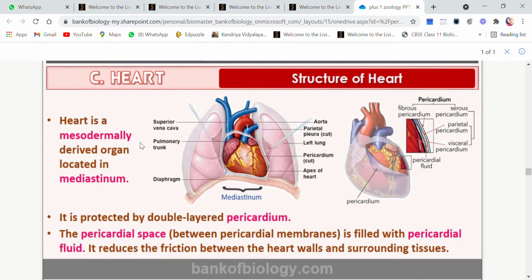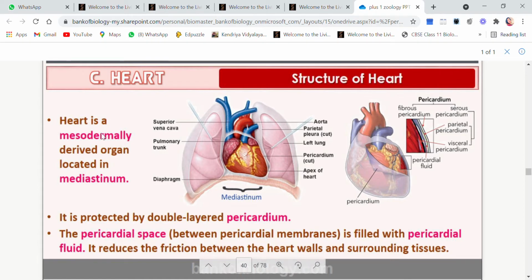In these three germ layers, the middle layer is the mesoderm. Outer one was ectoderm, middle one was mesoderm, and the inner one was endoderm.